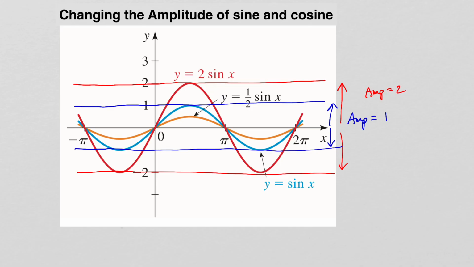And if we multiply the sine of x by 1/2, let's say, 1/2 times sine of x, now the maximum value is not going to be 1, it's going to be 1/2. And so we can change the amplitude of the sine graph by simply multiplying the sine function by some constant value.